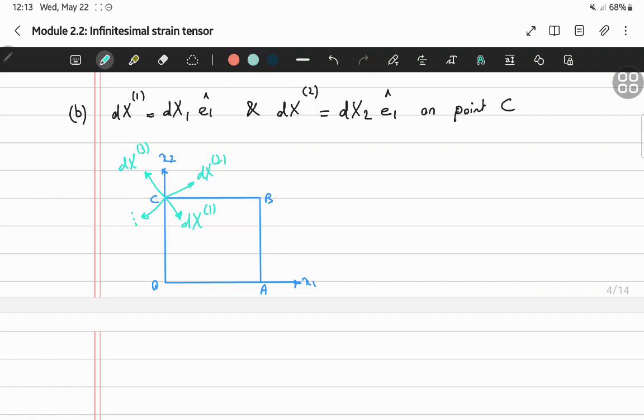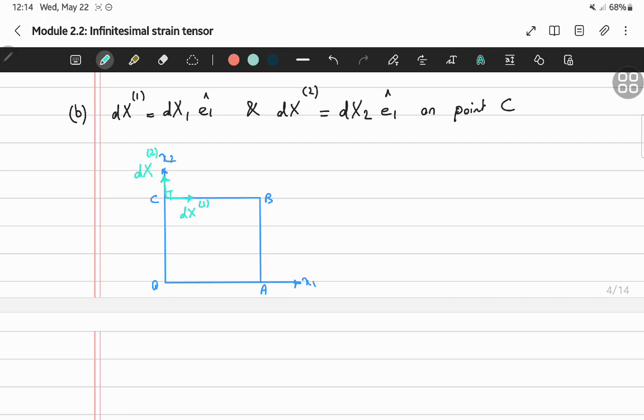And then you find the deformed configuration of these vectors, dx1 to dx whatever, and you find their angle in the deformed configuration. But here the whole idea is using two vectors which are orthogonal to each other, dx1, oops, don't want to mess up with indices, and dx2.